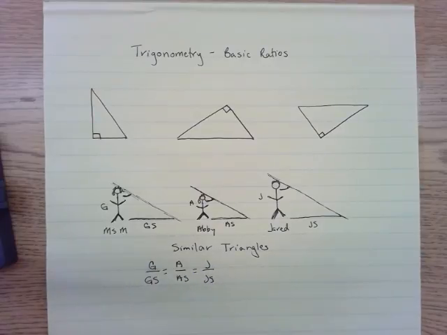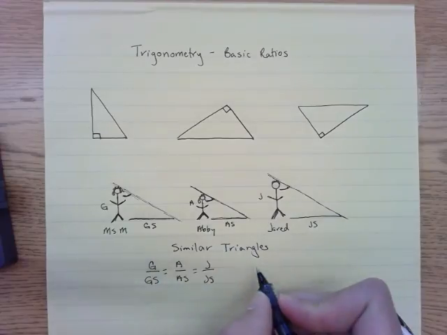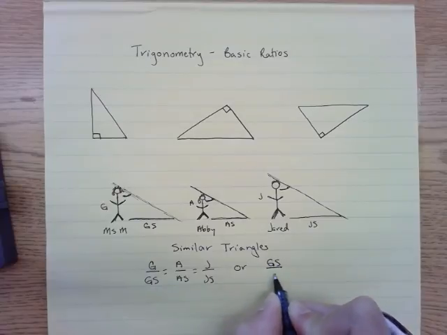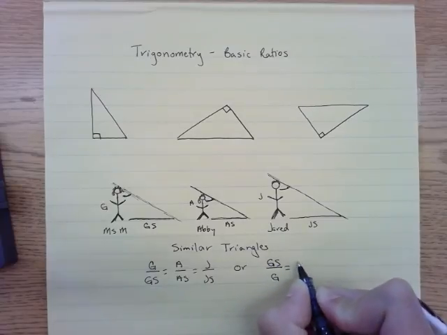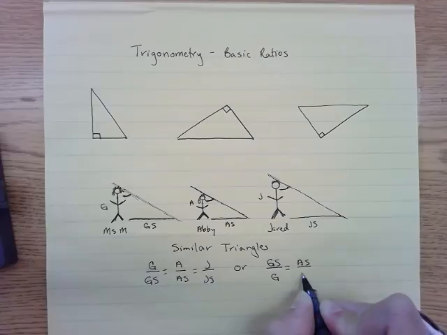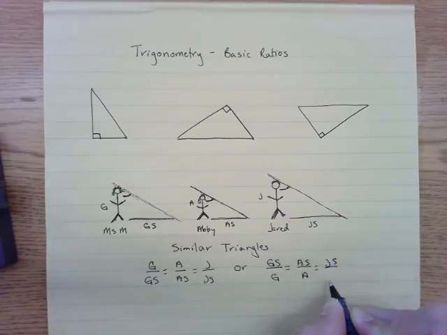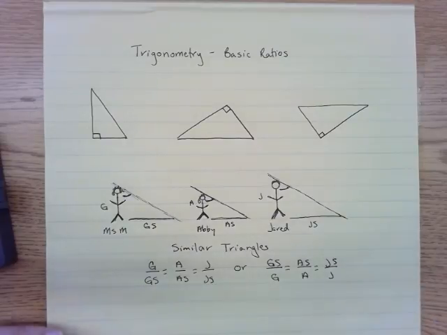Okay? I can also take these ratios and flip them over. I can say that my ratio of my shadow to my height is going to be equal to Abby's shadow and her height, and it's going to be equal to Jared's shadow and his height. So we have this idea of equal ratios, and that's what trigonometry is all about.